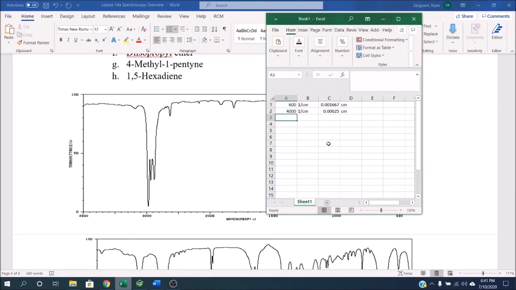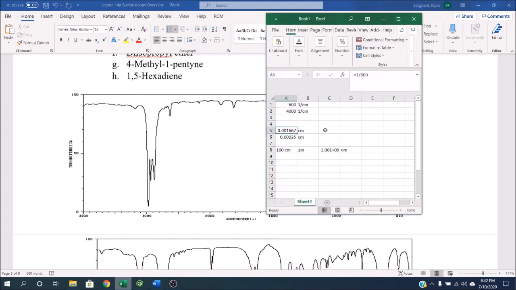We can now convert from centimeters into nanometers. I don't know the conversion off the top of my head, but I do know that 100 centimeters is equal to 1 meter, and 1 meter is equal to 10 to the 9th, so 1e9 nanometers. Therefore 100 centimeters is equal to 1 times 10 to the 9th nanometers.